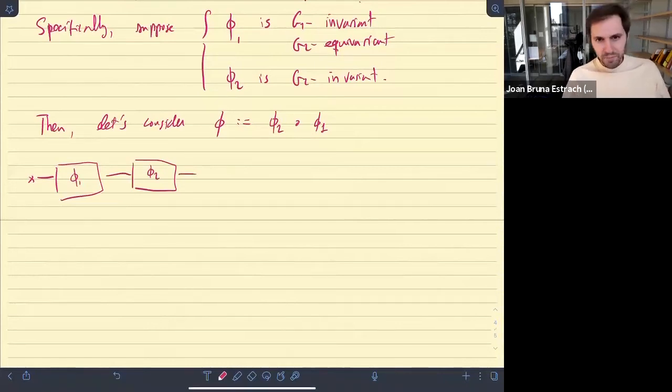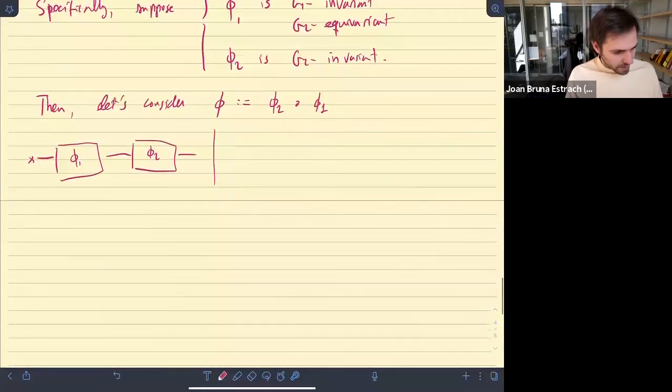The idea is that if you have some group acting on your input, you can kill the action of the group progressively, in two steps. This block kills one part of the transformation that is acting, and the other block kills the remaining part. That's the intuition.